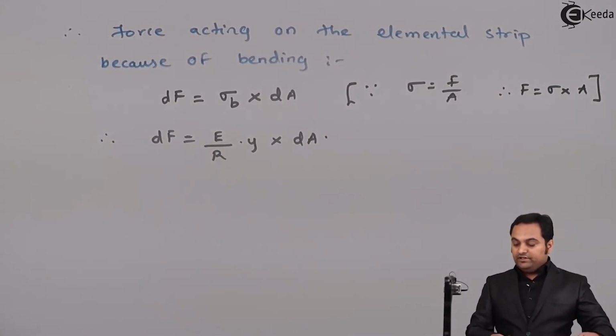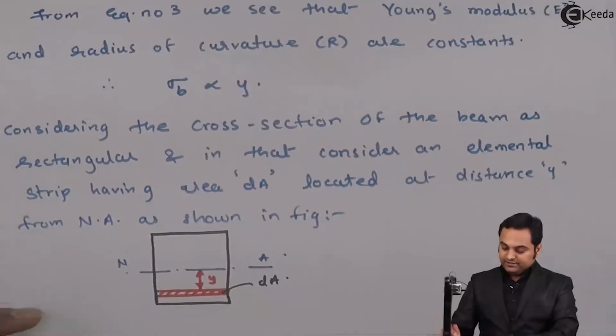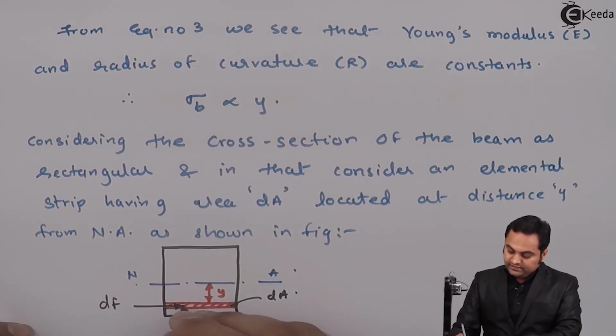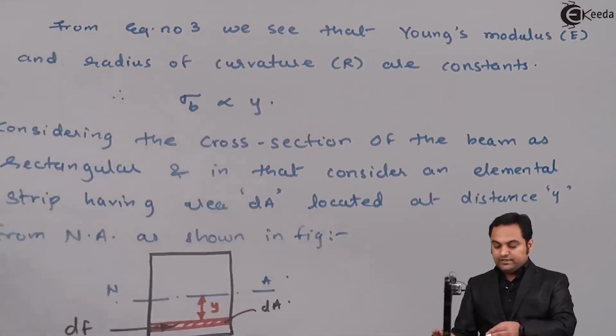Next, after getting this force, I will take the moment of this force. Here I am getting the force acting on this elemental strip, which is dF. Next I'll take the moment of this force about the neutral axis.